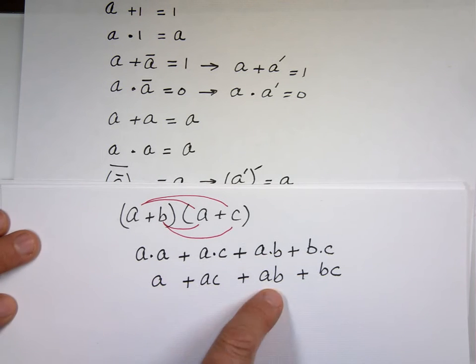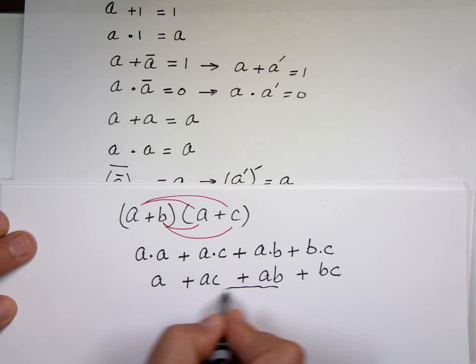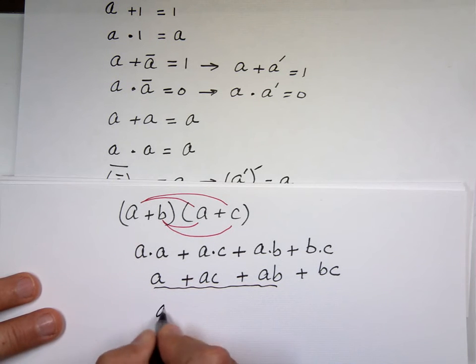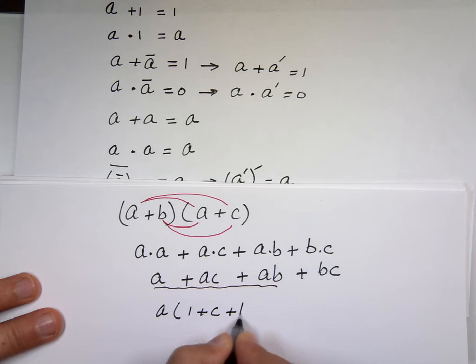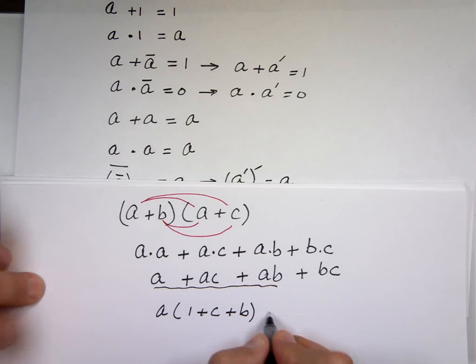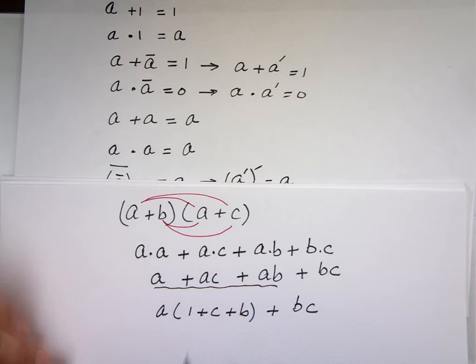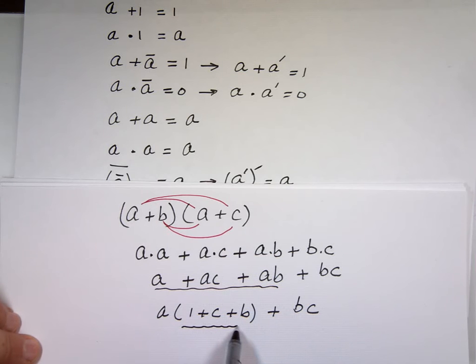Let's look at these three here. Can you factor anything out of them? If you factor out A, what's left? 1 plus C plus B. Now this is an OR gate. An OR gate with one input being 1. What's the result of that OR gate? 1.